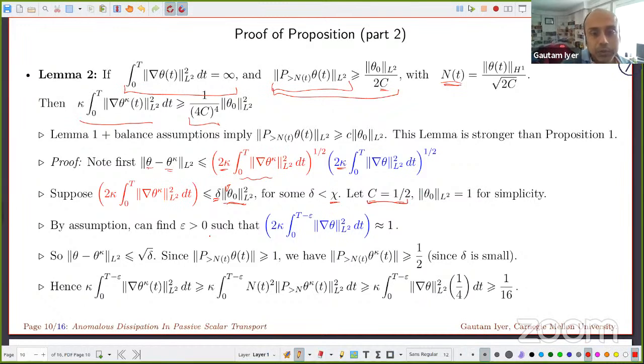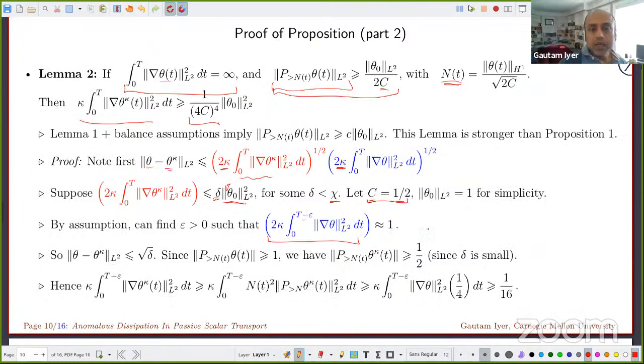So I assumed that the inviscid scalar, when I looked at the integral of the H1 norm square, diverged. So no matter how small you make kappa, I can always find an epsilon small, so that when I integrate up to time t minus epsilon, the second factor is 1. So now what do I have?